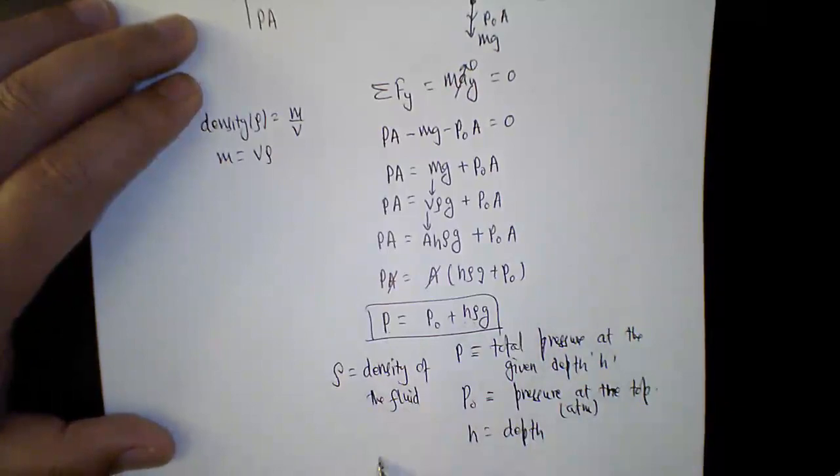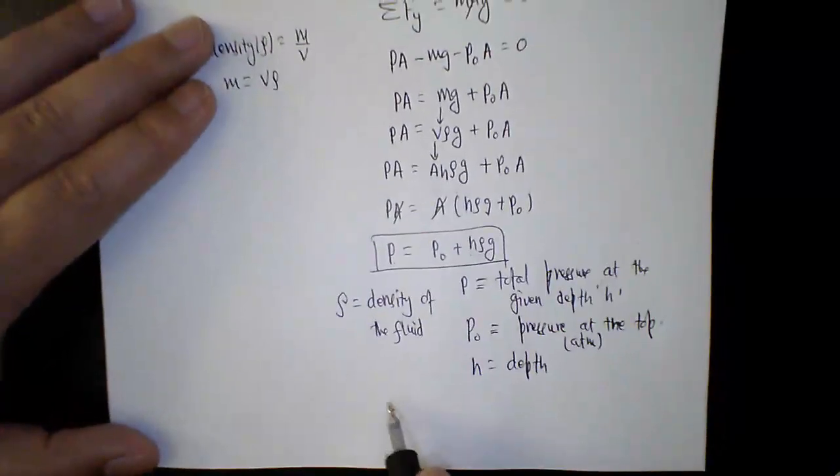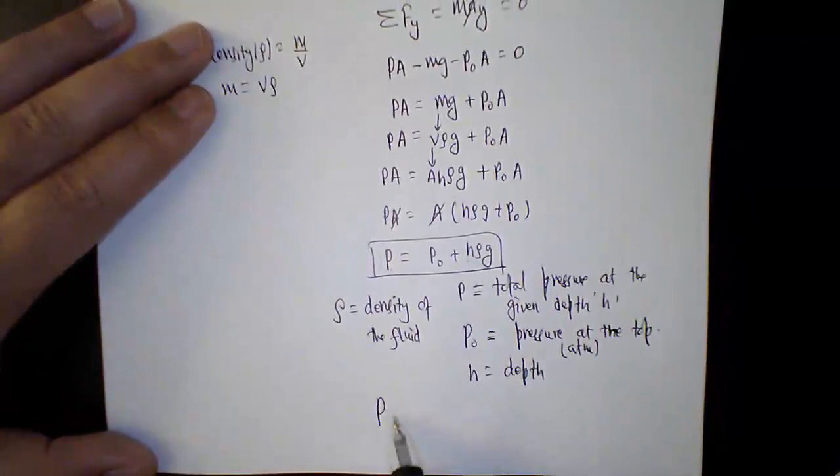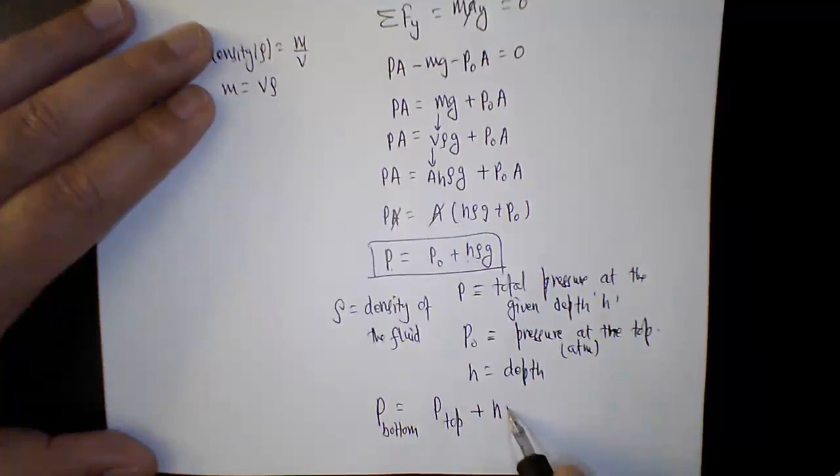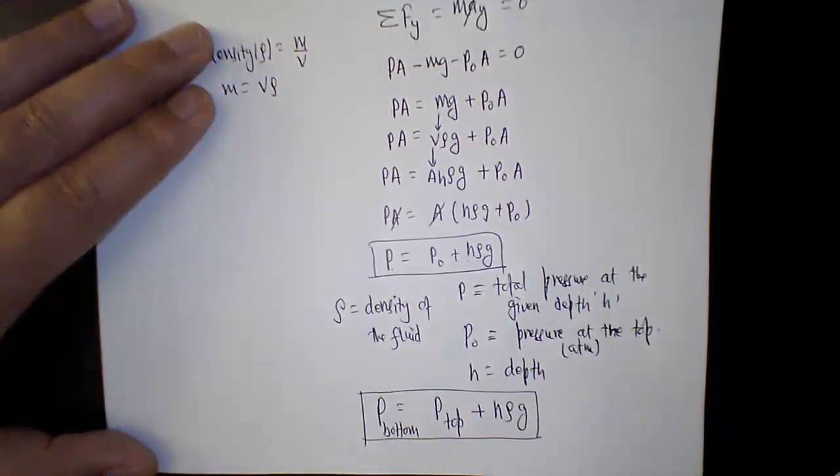Finally, you can conclude that the hydrostatic fluid pressure at any given depth is the pressure on the top, which is usually the atmospheric pressure (if not, you'll have to figure that out), plus h rho g. That's our final formula, and this will be in your formula sheet.